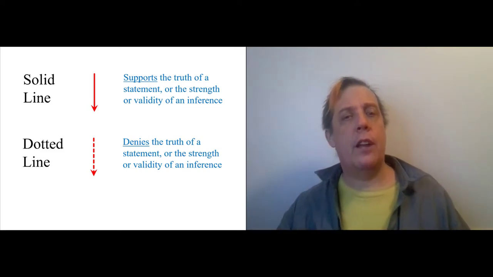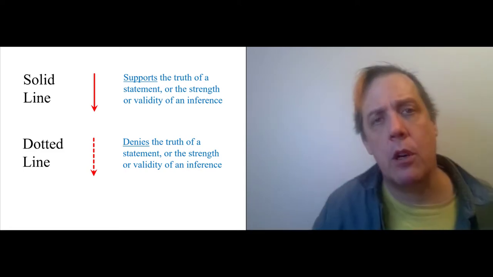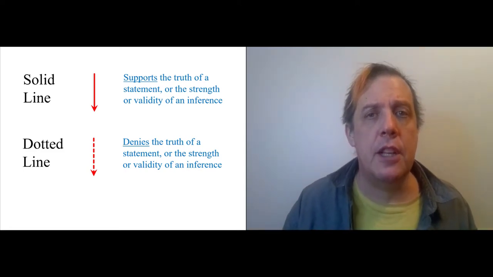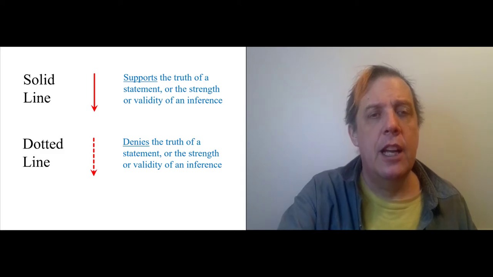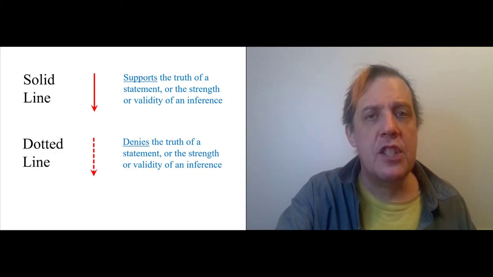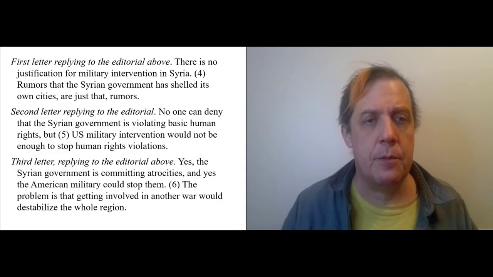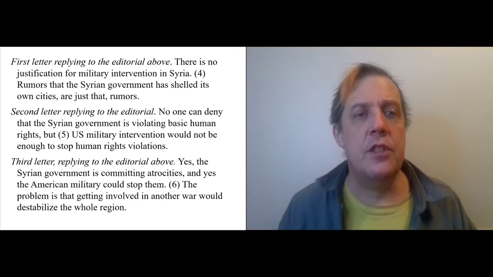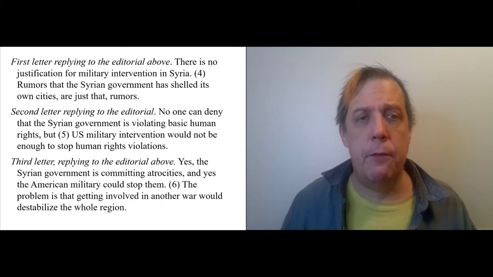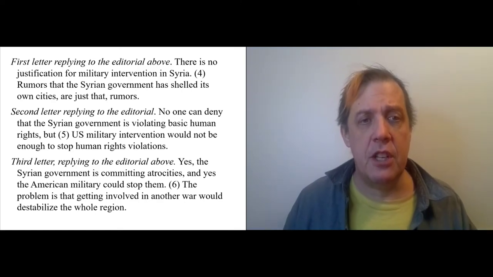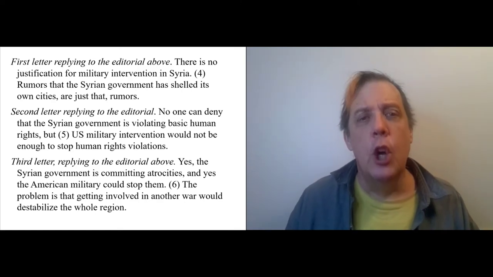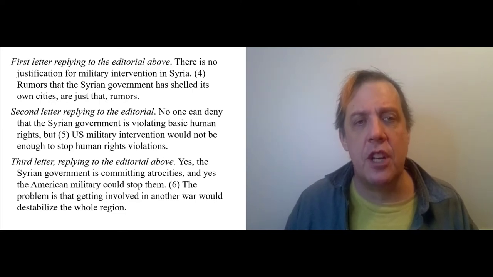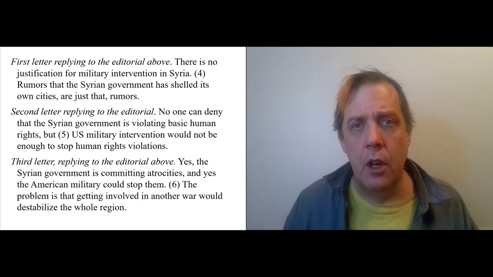Now, we had a hypothetical newspaper article arguing that the U.S. should intervene militarily in Syria. Now imagine three separate replies to this. First letter says, there's no justification for military intervention in Syria because rumors that the Syrian government has shelled its own cities are just that, rumors.